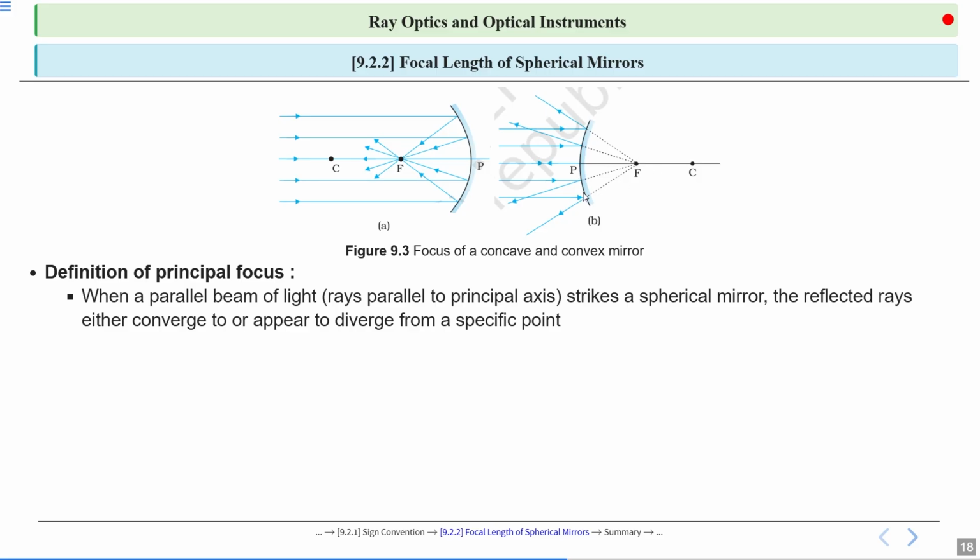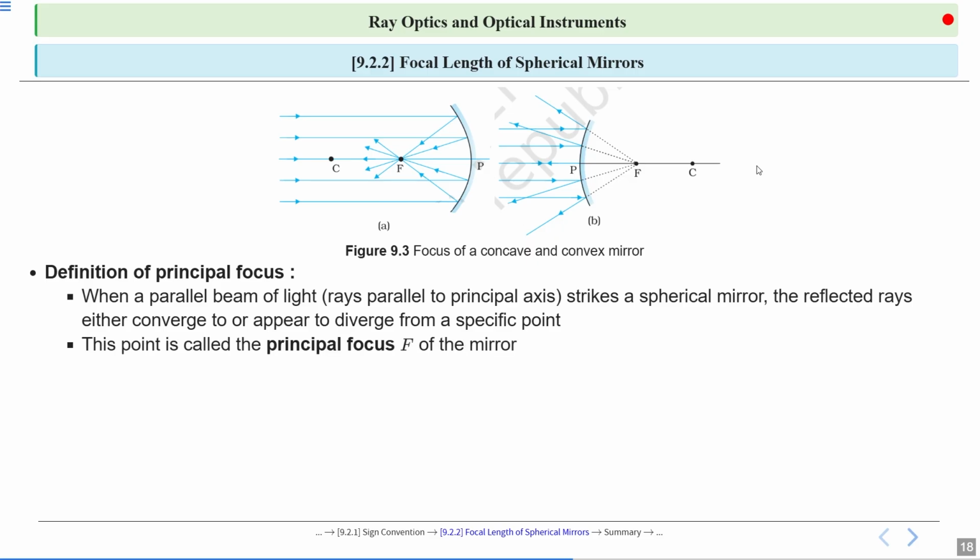If we extend the diverged reflected rays behind the mirror, they will meet at one point and it looks like these reflected rays are diverging from that point. That point is called the focus of the mirror. In the case of a concave mirror, these rays actually converge and meet at one specific point, called the focus of the mirror. This is the focus of the concave mirror, this is the focus of the convex mirror.